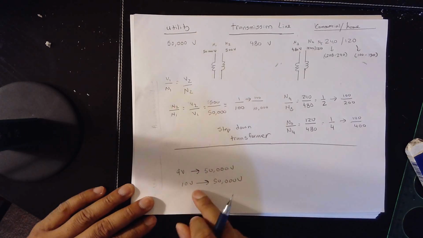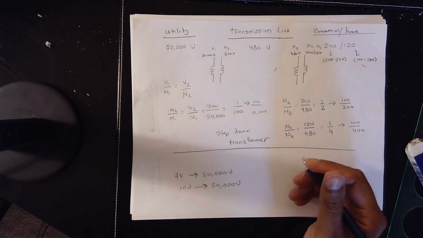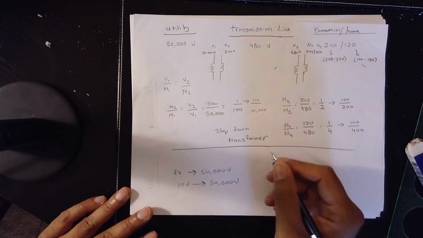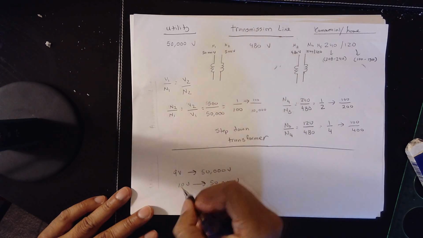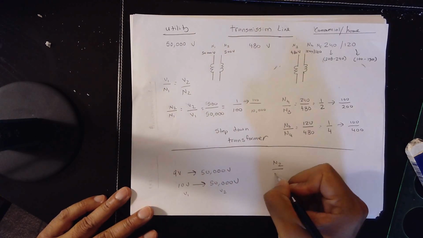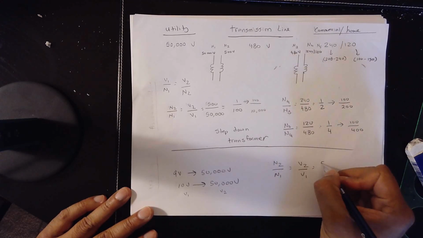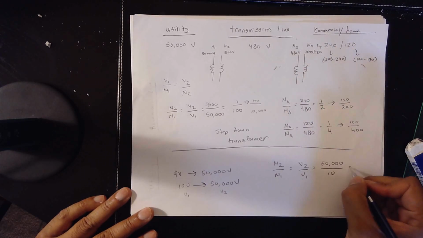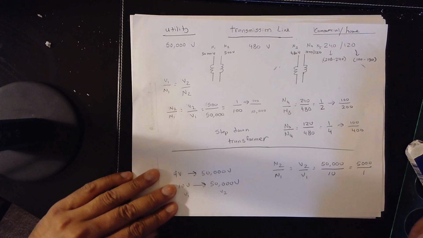So how does a 10 volt battery operate to a utility transmission? I mean, that's just crazy, right? How do you do that? Well, it's simply the same coil ratio would allow it. So you're going from 10 to 50,000. This is going to be your V1, this is going to be your V2. So N2 over N1 ratio is V2 over V1, which gives you 50,000 over 10, which is going to be a 5,000 to 1 ratio, right?